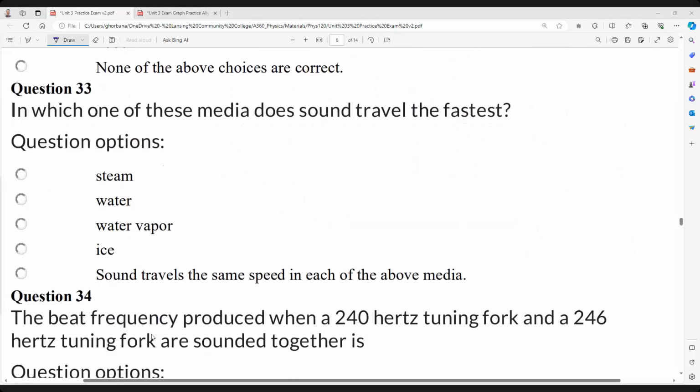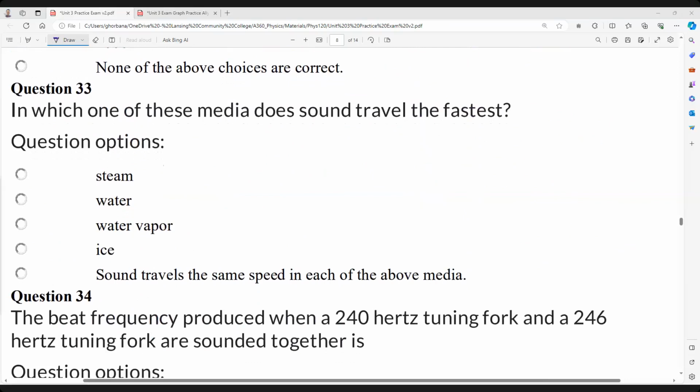Question number 33. In which one of these media does sound travel faster? Ice. Why ice? The more solid. Because the atoms and molecules are so close to each other.